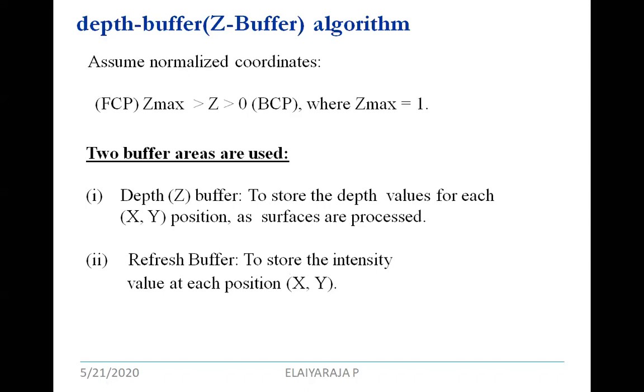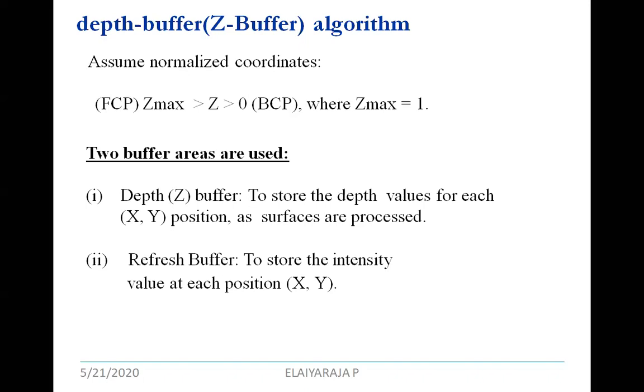The current pixel will be processed, then it moves on to the next. For y equal to 1, the first scan line, the x value starts from x equal to 1, then the next pixel x equal to 2, x equal to 3, x equal to 4, x equal to 5, like that until x ends.